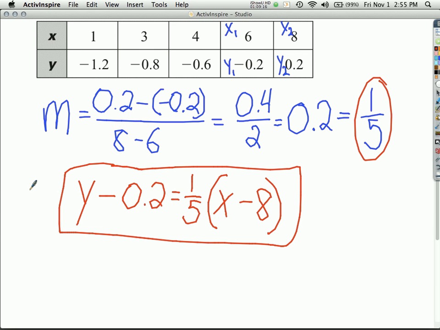Then I did negative 0.2 minus negative 0.6 over 6 minus 4. Right? And then I got 0.2 over 2, and I got 5. 0.2 over 2 is not 5. You did the bottom divided by the top. Do the top divided by the bottom. Punch in your calculator, 0.2 divided by 2.